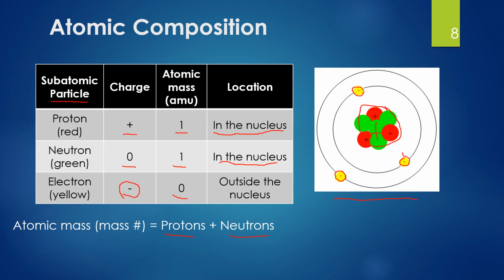If I look at this atom, I can see that there are 4 green neutrons and 3 red protons. So that must mean that the atomic mass of this particular atom is going to be 7. 3 protons plus 4 neutrons gives me 7.